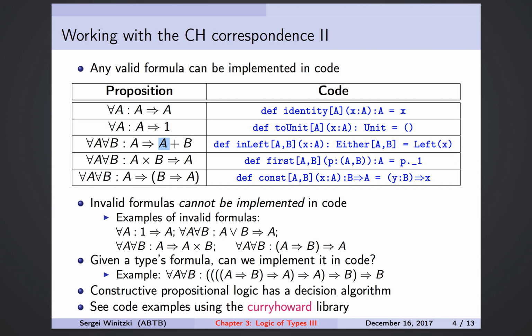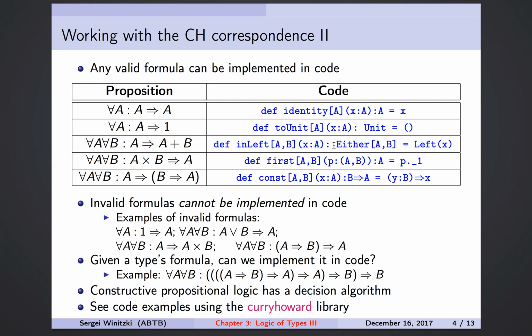Well, you reproduce the proof of A, and that's good enough. You will never be able to prove B, because you don't have any proofs about B. You only have a proof of A, and so you're always going to return the left side of this disjunction. But that's good enough. You have proved the disjunction.